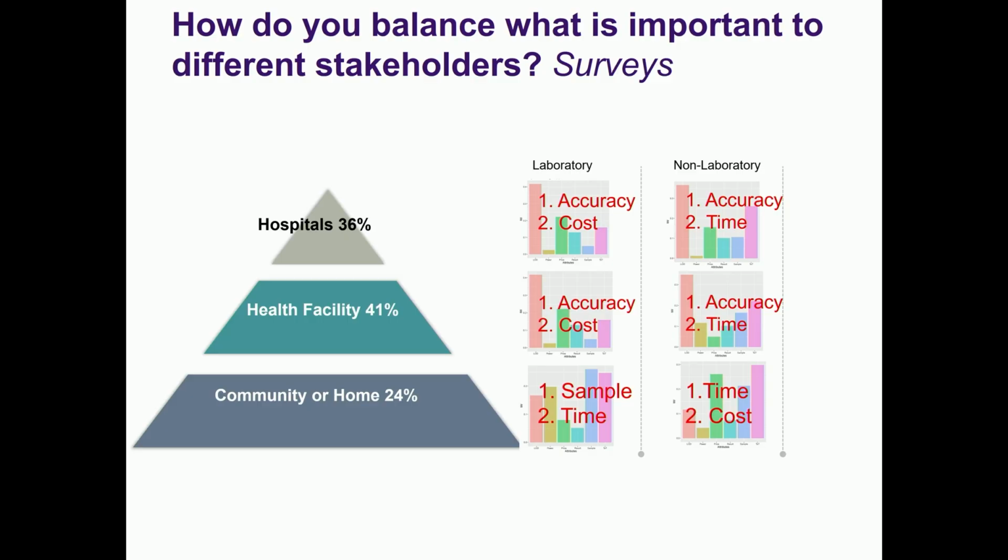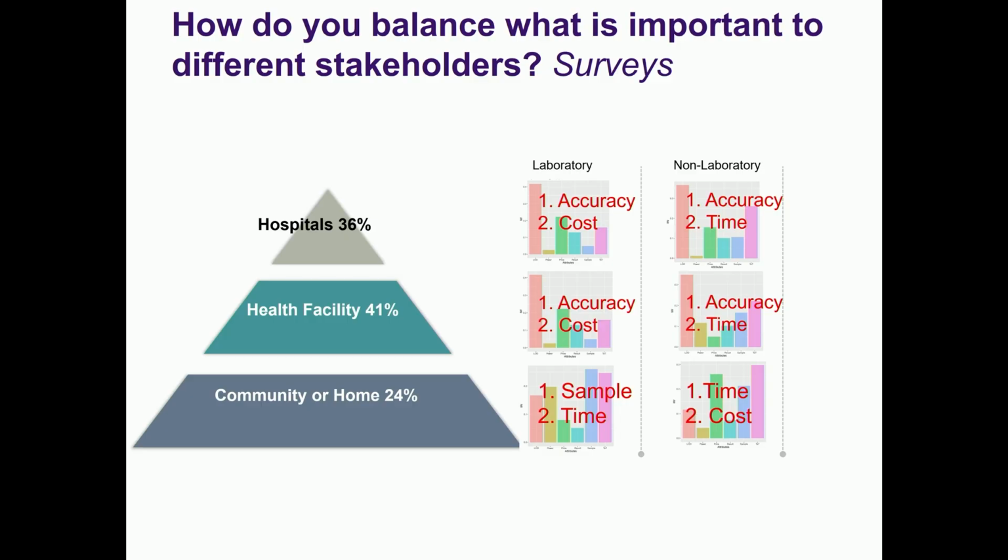So what was surprising to us is that the accuracy dominated not only at the hospital level, but at the health facility level. And then at the community or home level, that's when sample collection method and time dominated, depending on what stakeholder group you're in. Of course, we were left with, why did they answer these things? So a qualitative follow-up or a precursor would have been good for this survey.